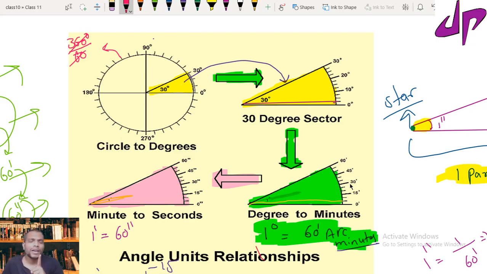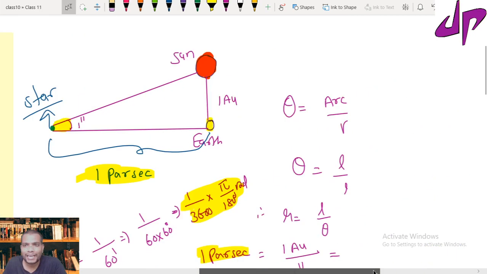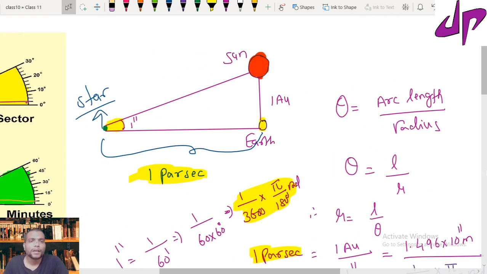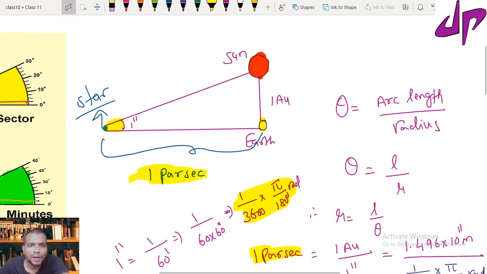If you divide 1 degree into 60 equal parts, 1 degree equals 60 arc minutes. Again each of those minutes we divide into 60 seconds, and that is defined as an arc second. So that arc second is the angle subtended by the object, the angle subtended with 1 arc second.